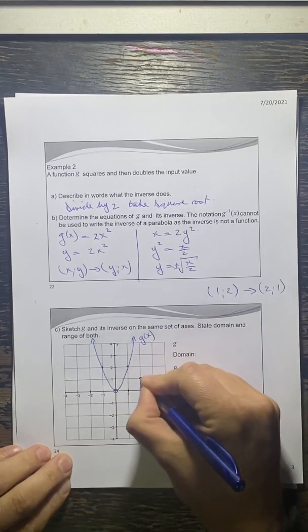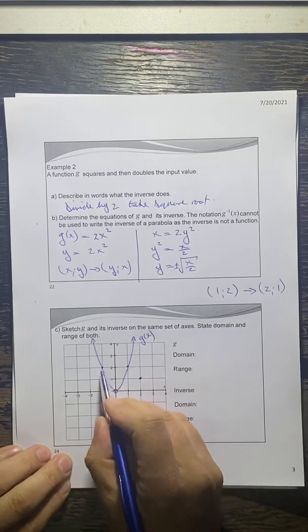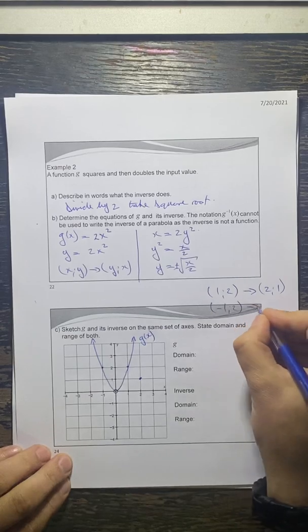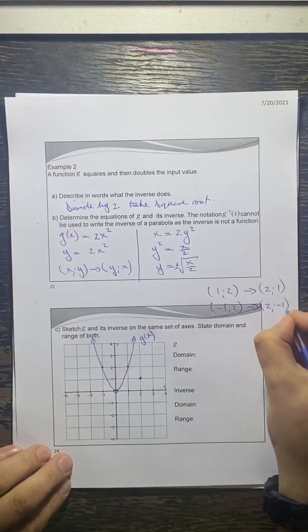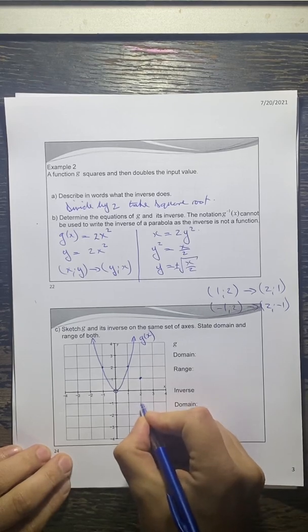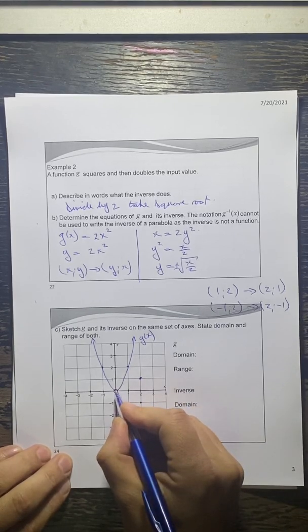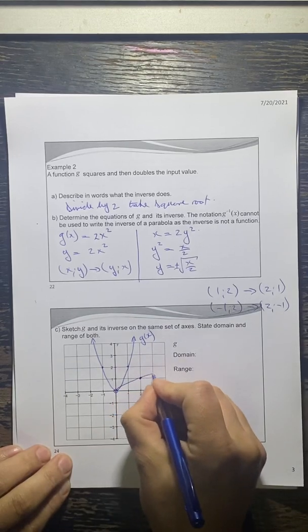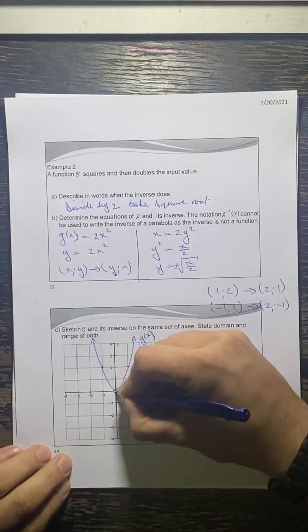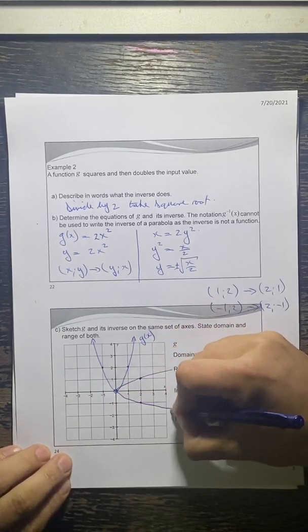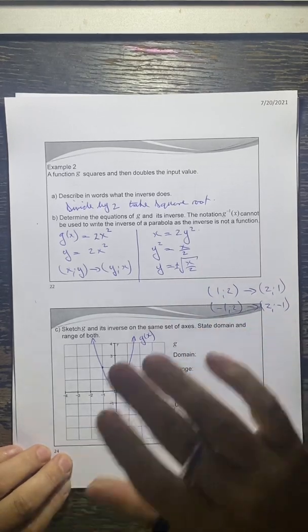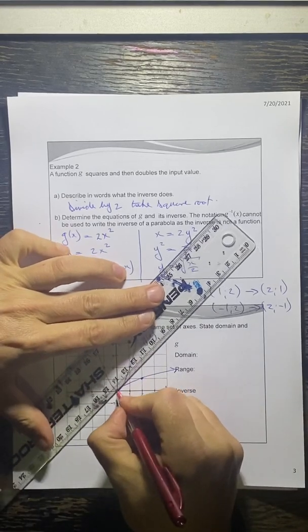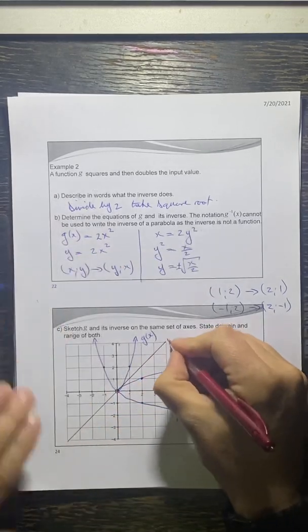If I look at this point here, minus 1, 2, if we flip that, we're going to get 2, minus 1, and that's over there. And then this point here, 0, 0, if we flip it, it's still going to be 0, 0. So this graph is going to look like this. And again, you can see that this is symmetrical about the line y is equal to x.